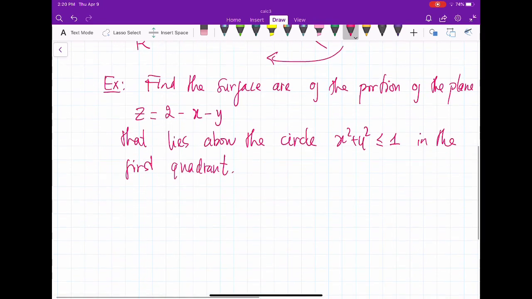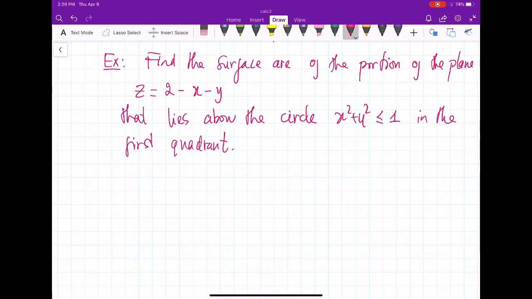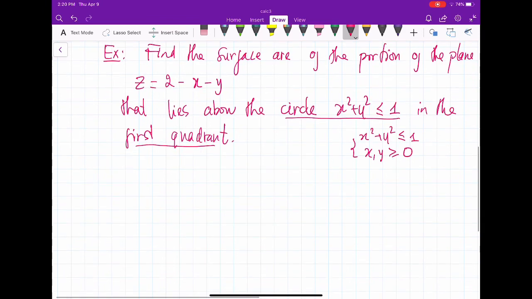Okay, so they are talking about the circle x squared plus y squared less than or equal to 1, and in the first quadrant. Basically, that is x squared plus y squared less than or equal to 1 and x, y greater than or equal to 0. Make sense?